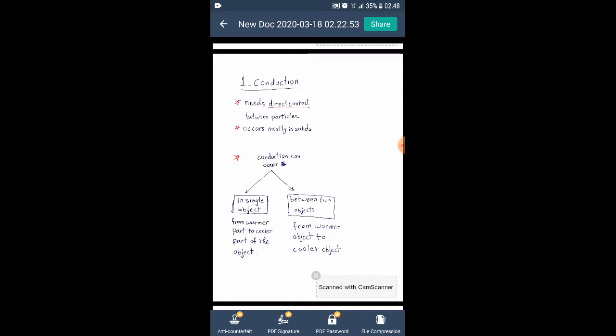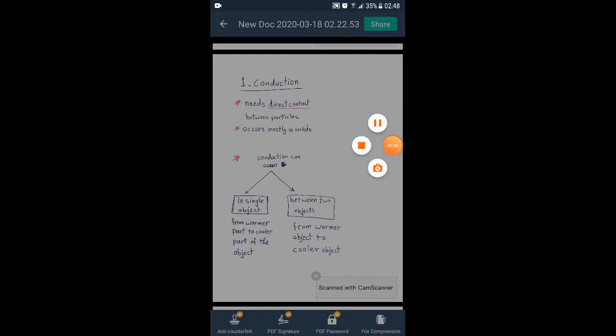It can take place within the same object's particles, from the warmer part to the cooler part of the object, or between 2 objects, from the warmer object to the cooler object. Let's see an example of how conduction takes place in one object.